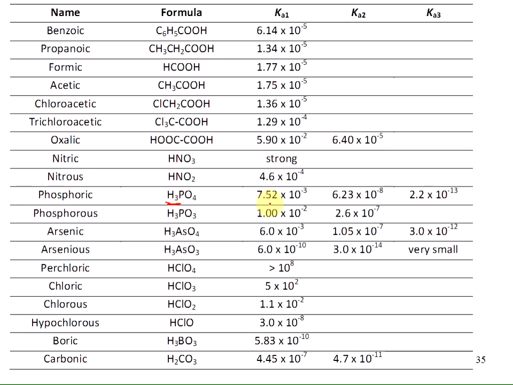The equilibrium constant for removing the second proton is 6.2 times 10 to the minus 8. So this second number is a smaller number, which shows that it's more difficult to remove the second proton compared to the first. And that third one is even more difficult to remove. So that's 10 raised to the negative 13th. So the smaller the K value, the more difficult it is to remove that proton.